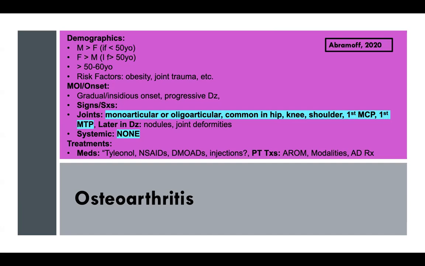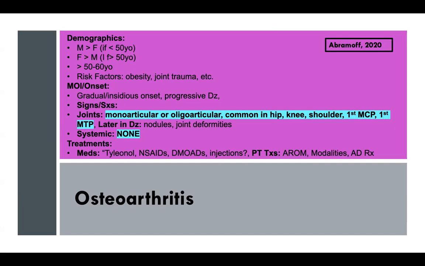This is usually present, as I mentioned prior, in a single joint or oligoarticular, a few joints, not commonly present in multiple joints. Hip and knee are most common. Also could be present in the shoulder. First MCP, first MTP are affected or could be affected in some individuals.